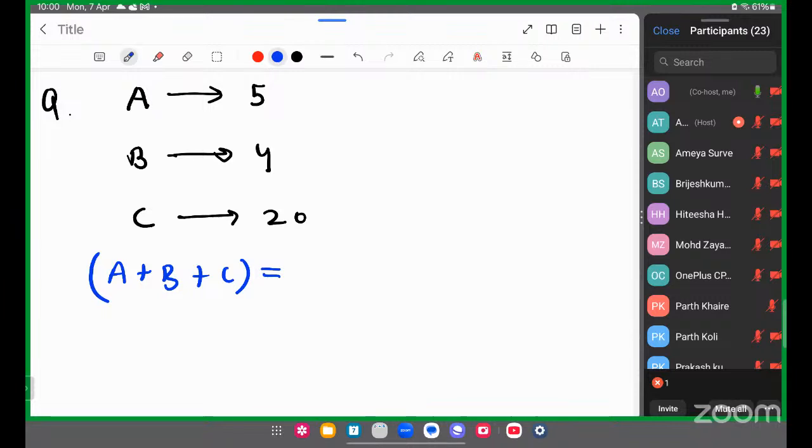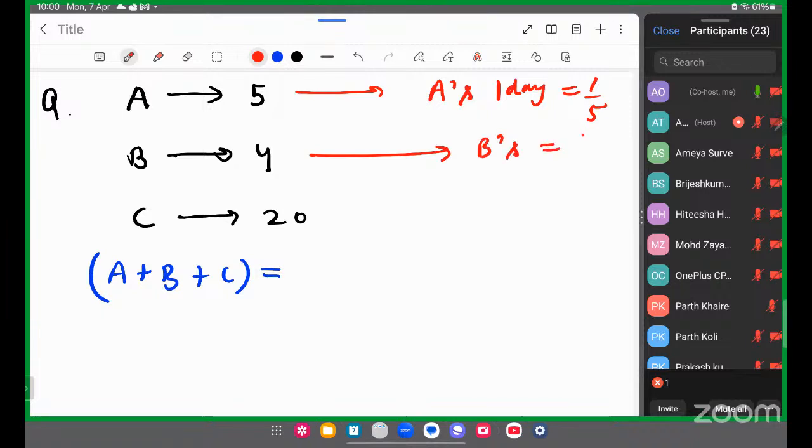If A, B, and C are working together, let's calculate how much work will be done in 1 day. If A takes 5 days to complete the work, A's 1 day work will be 1 by 5. Similarly, B's 1 day work will be 1 by 4, and C's 1 day work will be 1 by 20.